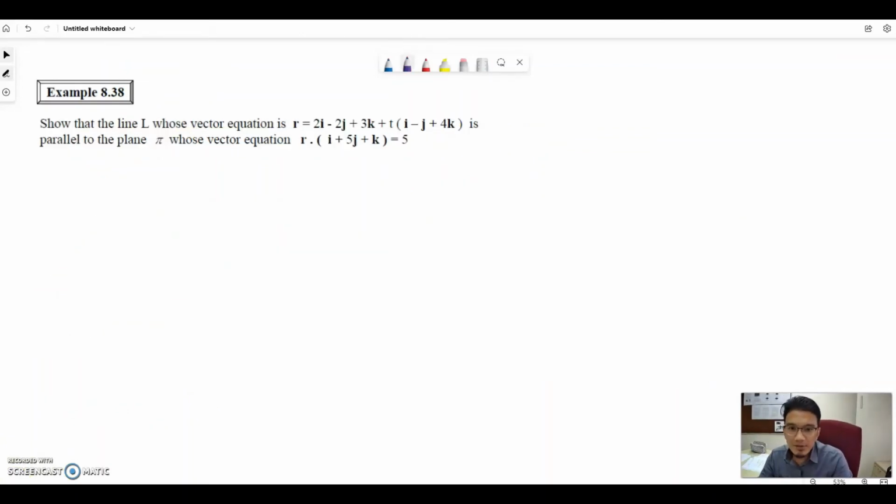Alright, we continue to practice with example 8.38. Show that the line L whose vector equation is r is parallel to the plane pi whose vector equation is r dot n equal to 5. It means we have a plane right here.